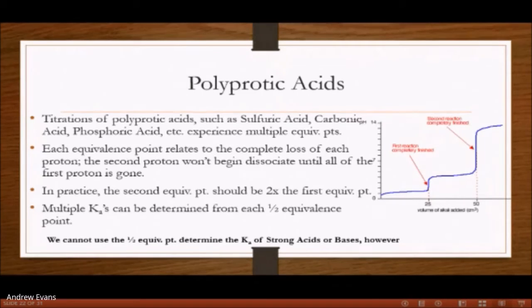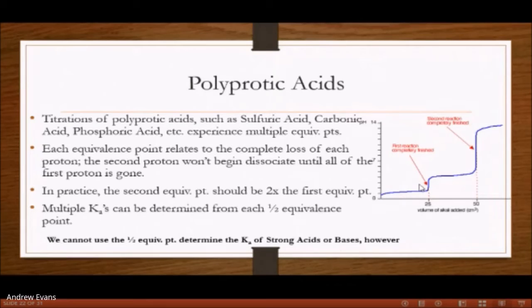And another thing to note is the half equivalence points if they are weak acids. The half equivalence points for each situation will be equal to the pKa1 and the pKa2.